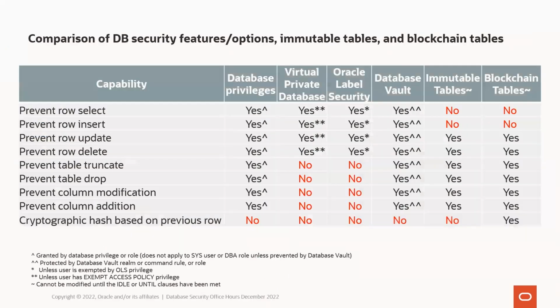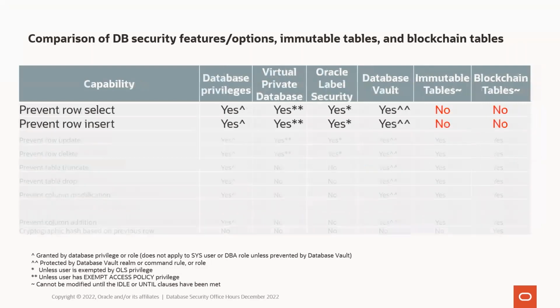When I put this slide deck together, I was trying to understand how this compares to other things, and how I get this straight in my head. So I created this matrix where the baseline is database privileges: grant select, grant update, grant delete, grant drop table, these privileges. And then we look at our row-level or object controls of VPD, label security, and Database Vault.